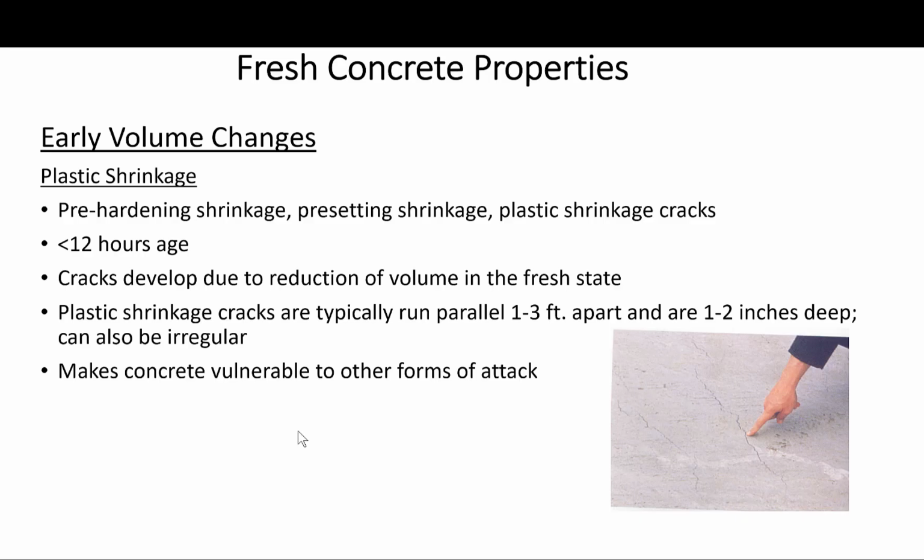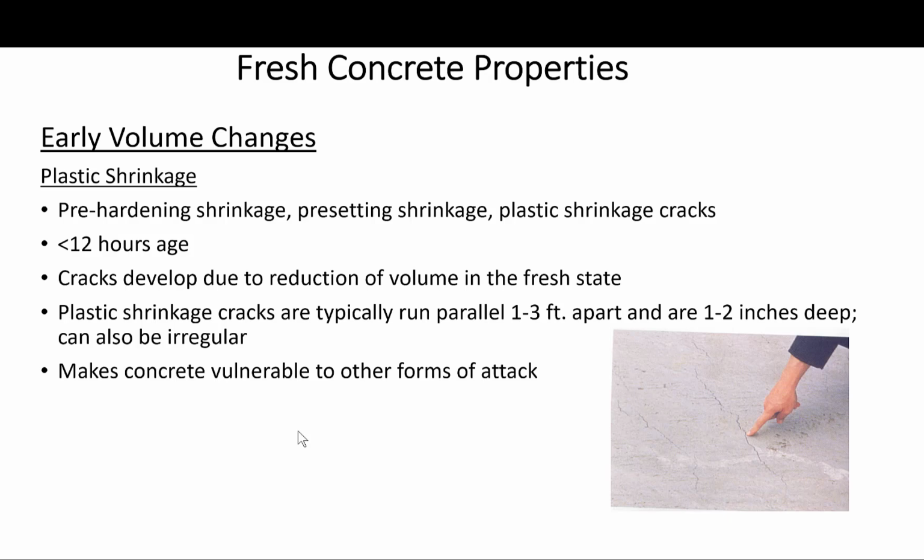One is the plastic shrinkage, or rather referred to as the early volume changes. This is basically the pre-hardening shrinkage or pre-setting shrinkage, and it results in cracks. It occurs usually in less than 12 hours of age of the concrete.